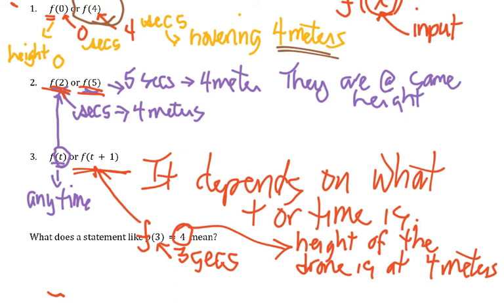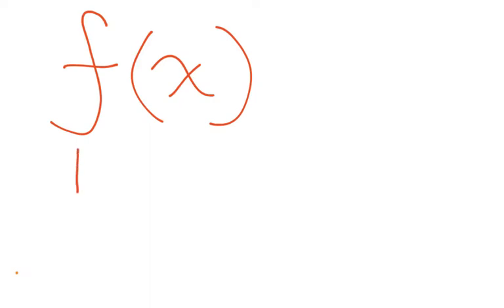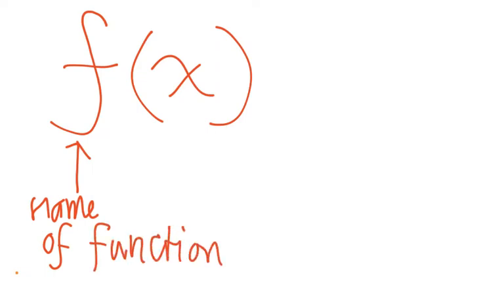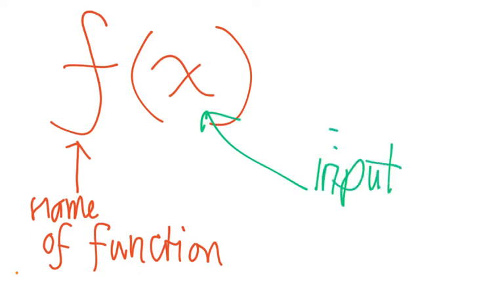All right. So now, I just want you to make sure that you got all that down and you wrote all my little notes. And I'm going to actually go back one, and what I want you to remember, this is standard notation. This F is the name of the function. And I want you to remember that the X signifies the input of the function. It is what I am putting into the function. It is typically the variable that you're given.